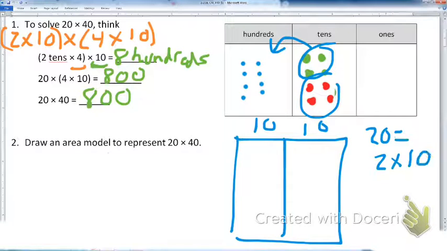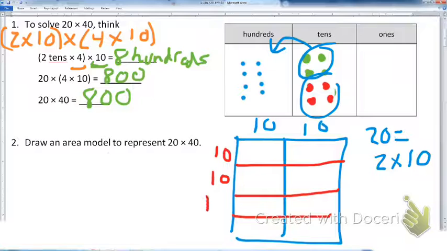Now we're going to do that same idea with the 40. So we're going to do a 10 here, a 10 here, a 10 here. In theory, each one of these boxes is going to be the exact same size, but as you can see with mine, they're slightly off, but close enough.